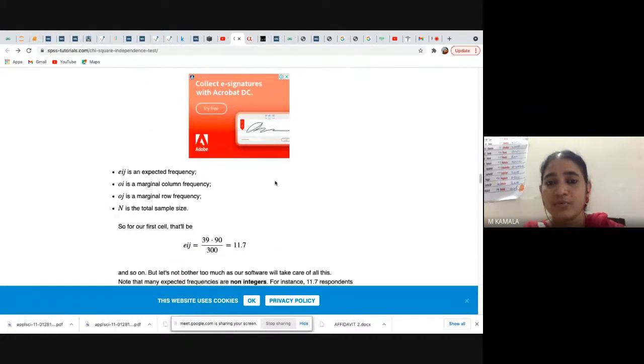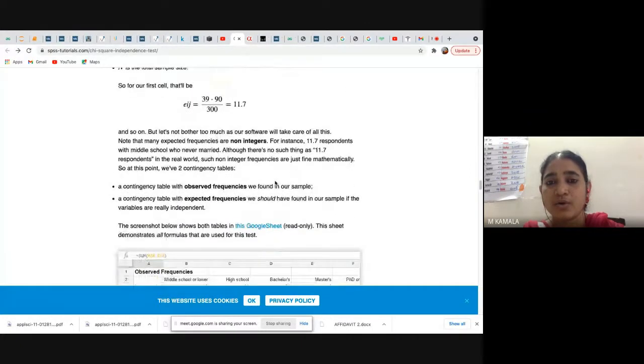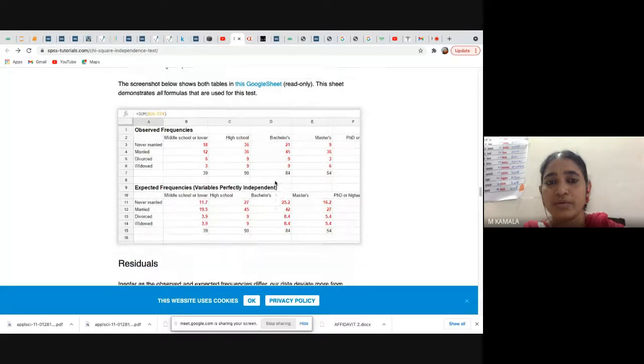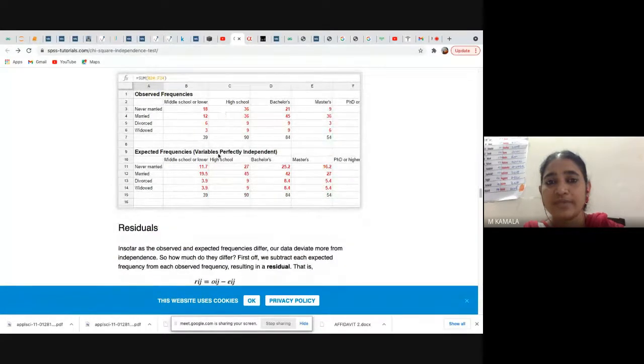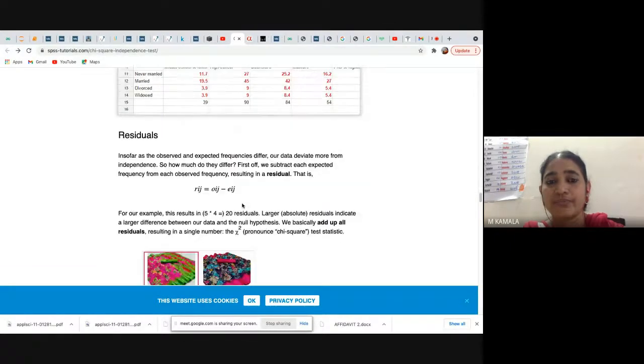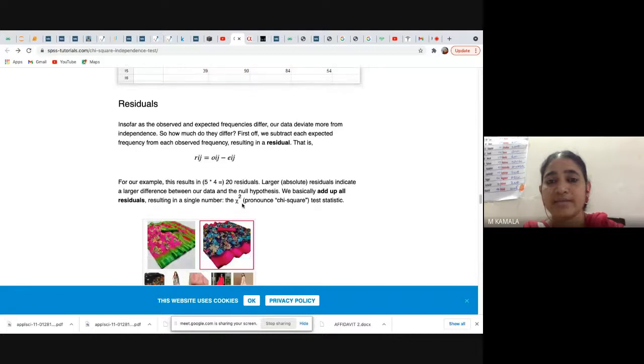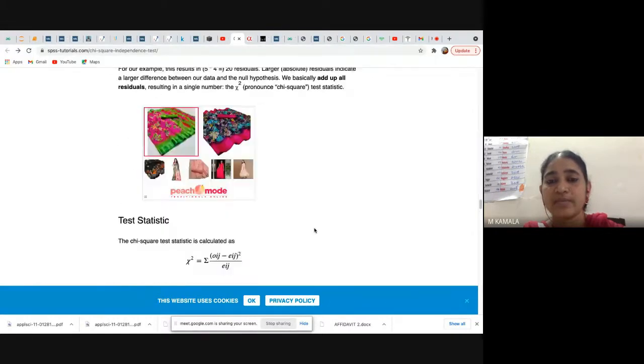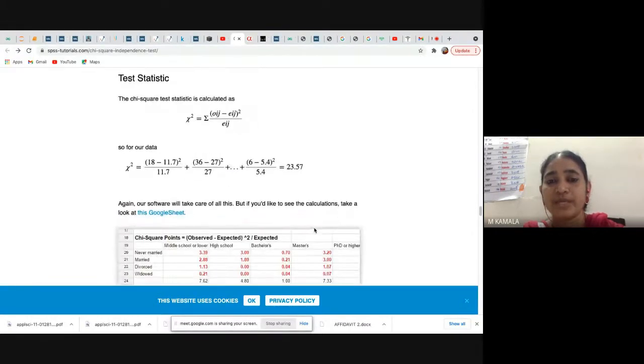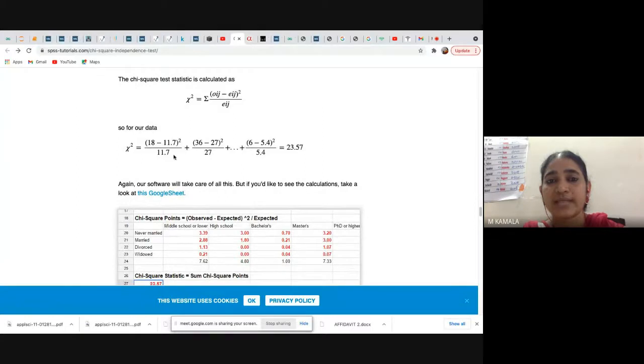Now, this is your observed frequencies, this is your expected frequencies. Now this is your residual errors. As I said, your residual error is observed minus expected, or you can do it in reverse also, expected minus observed, and square that one. This is what you call chi-square.